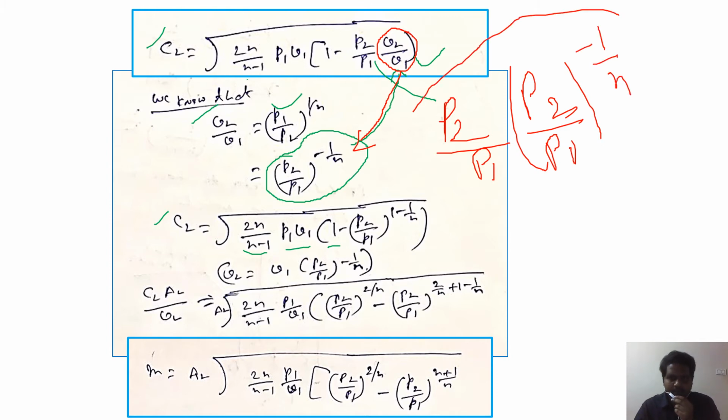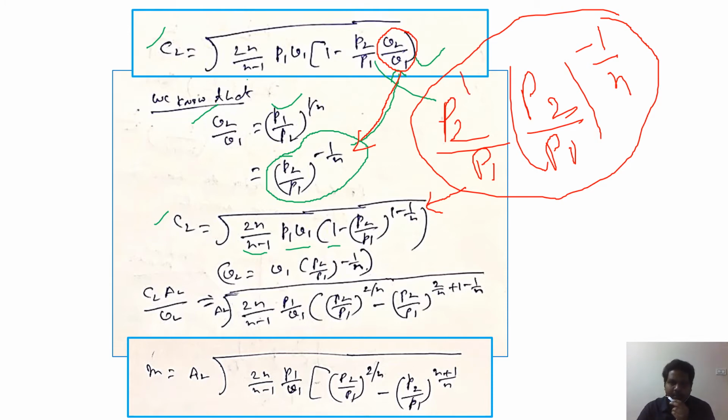So in total it would be (P2 by P1) whole power 1 minus 1 by n, because the bases are the same.